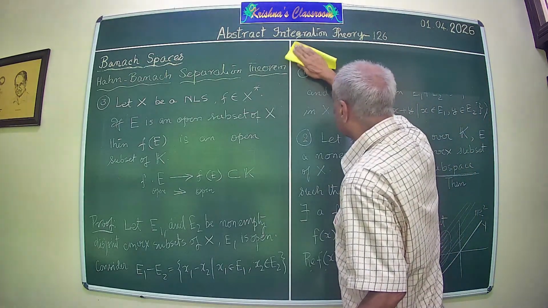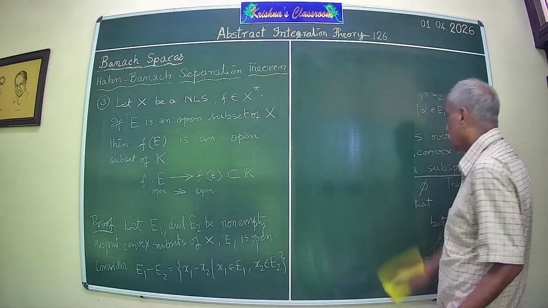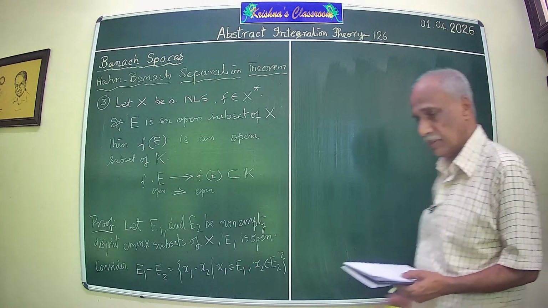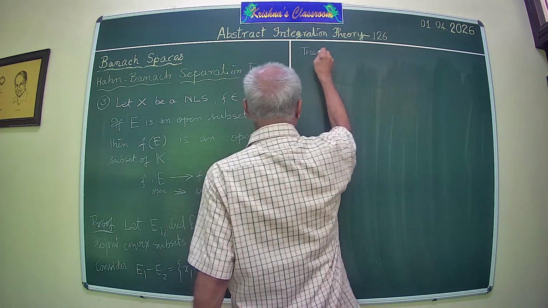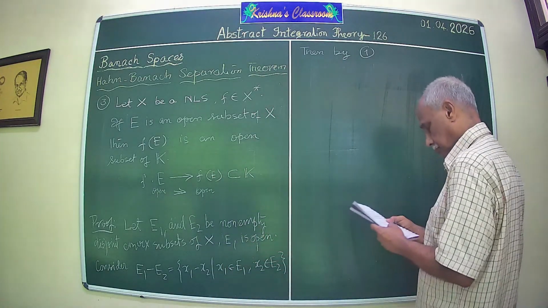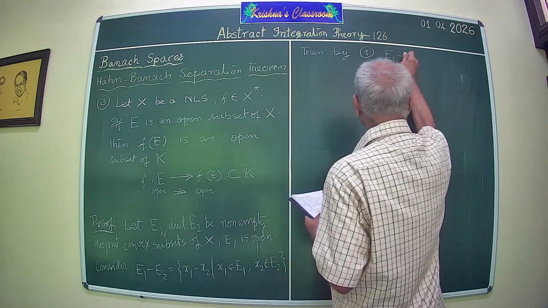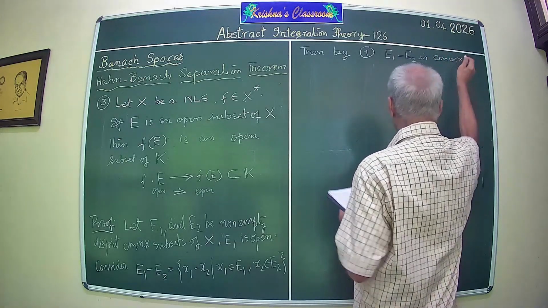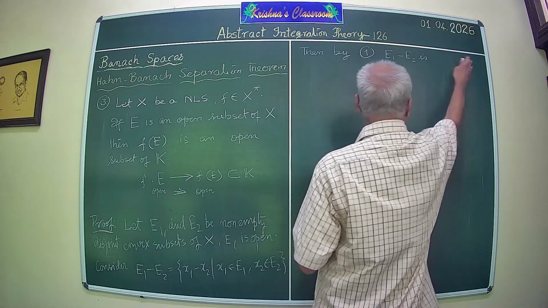Now we apply the supporting theorems to conclude the form. First supporting theorem applies, and we get that E1 minus E2 is convex and non-empty.